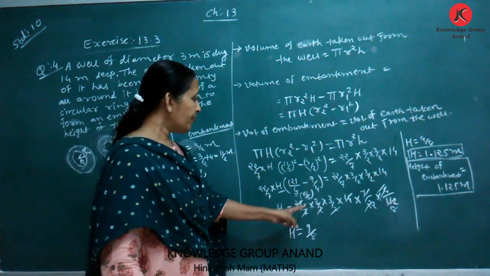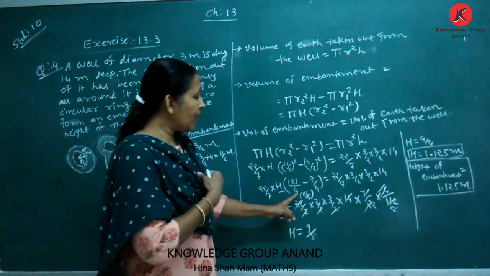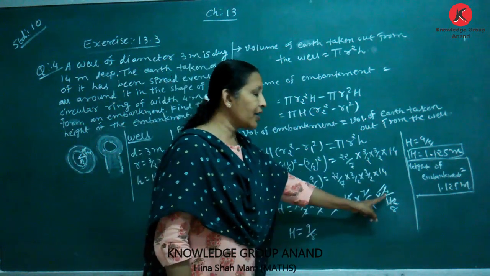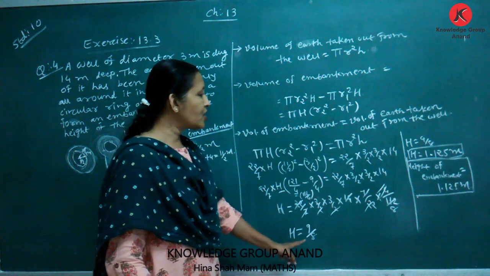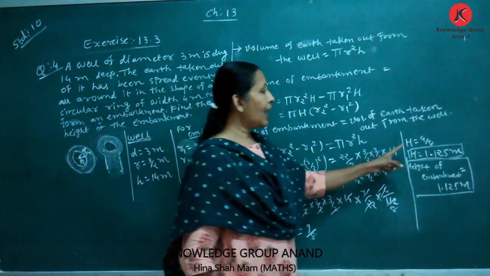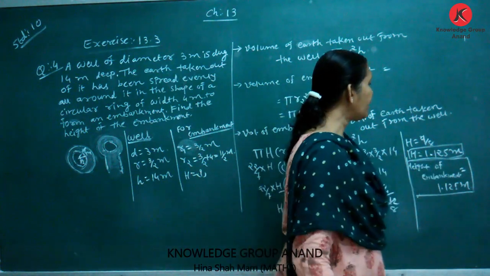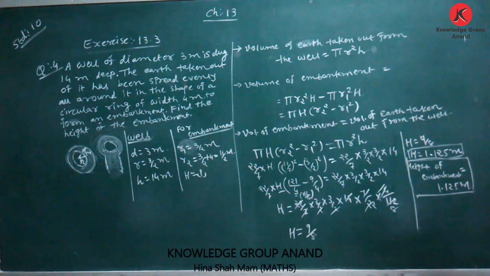Here put the value of h. Simplifying, 121 by 4 minus 9 by 4 is 112 by 4, and directly we write 4 upon 112. Then h is 9 by 8. Therefore h is 1.125 meter. Height of embankment is 1.125 meter.